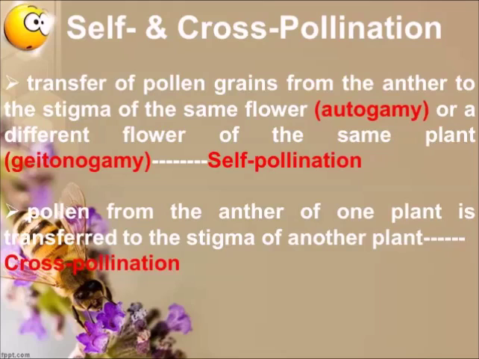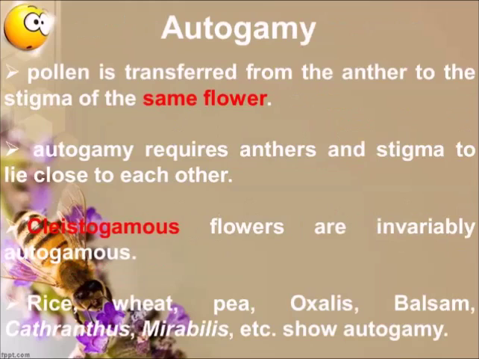Cross-pollination refers to the transfer of pollen grains from the anther to the stigma of a different flower of another plant. Now, moving on to the first type of self-pollination, that is autogamy. Here, pollen grains fall from the anther to the stigma of the same flower.